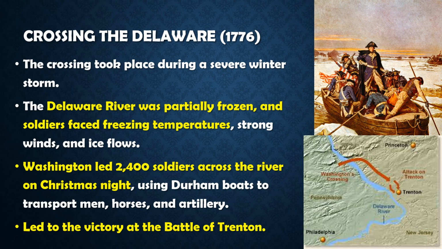And it was a plan, once again, that probably shouldn't have worked, but for some reason Washington and his men had luck on their side. Eventually, when they crossed the Delaware and got to the military base in Trenton, the Hessian mercenaries and British soldiers there were completely caught off guard, and it led to a victory known as the Battle of Trenton.